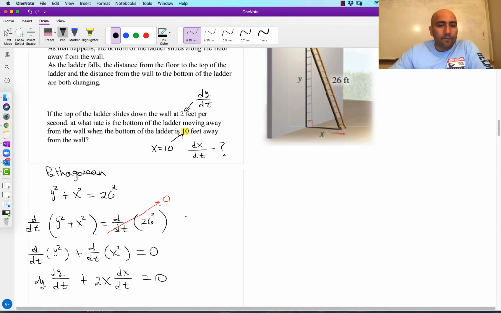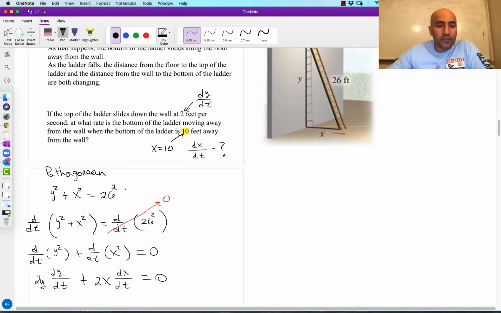Good. Okay, well, this is what they want to know. This one they gave me. This one they gave me. And, well, we don't know what this is. So what we want to do first, step 1, is figure out what this y value is at this point in time. When x is equal to 10, what is y? So we can plug it into here and solve for our variable.